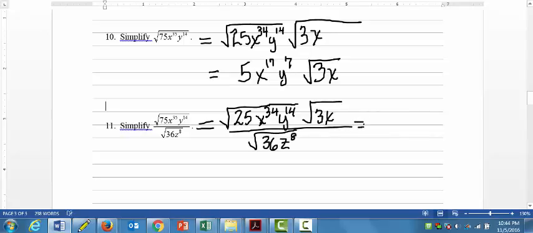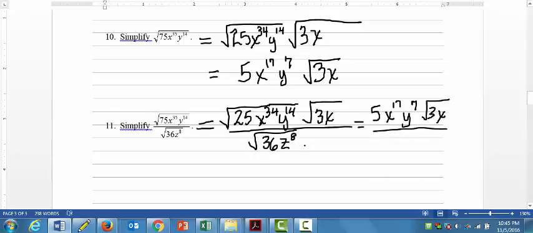And now I have a denominator, square root of 36z to the 8th, which is a perfect square. Since 2 divides evenly into 8, z to the 8th is a perfect square. So my numerator is simplified exactly as it was when I was working it as a simple problem in number 10.